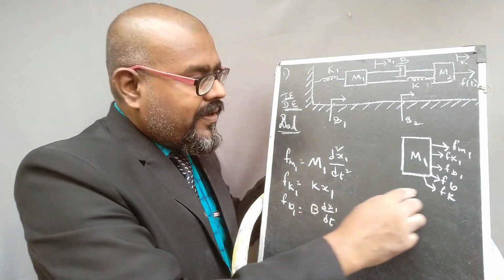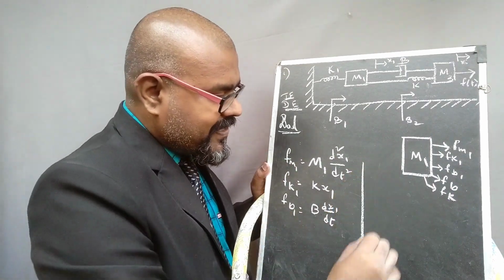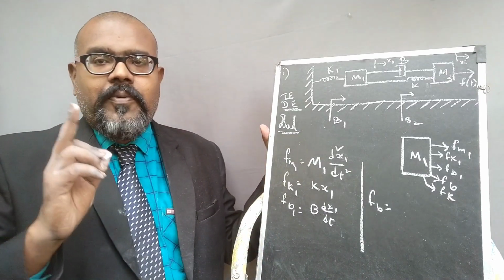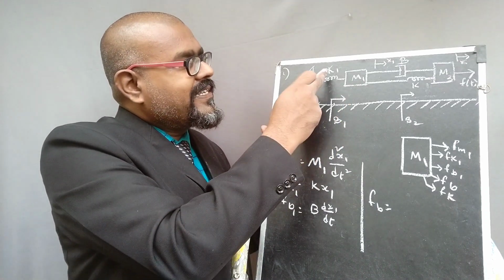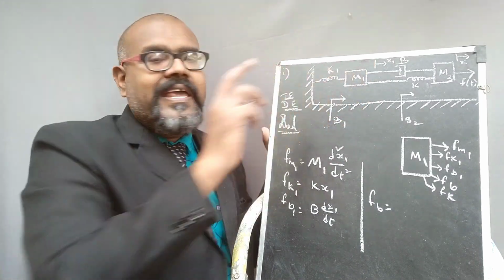Then the next part is Fb. Please remember, this is most important. Here K1, B1 and M1 all have the displacement x1.